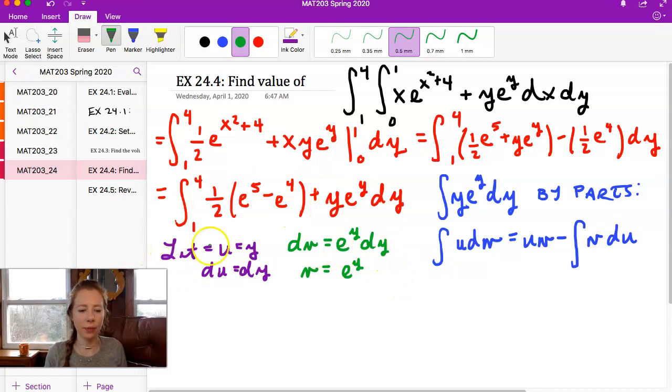Okay, so we end up with, putting these pieces together, our u was y, our v was e to the y. And then we're going to subtract off the integral of v du. Our v, once again, was e to the y, and our du was dy.